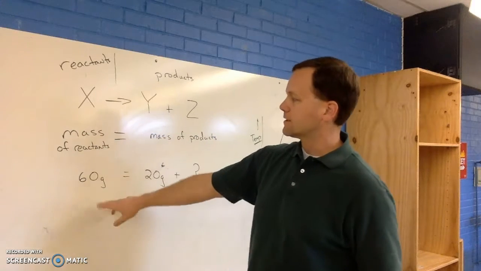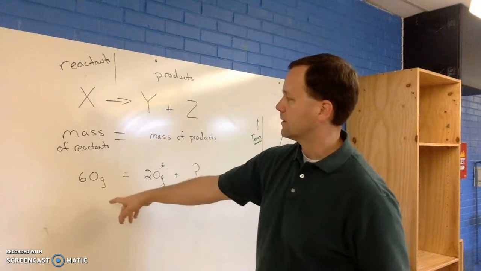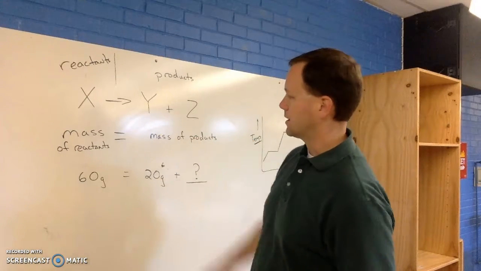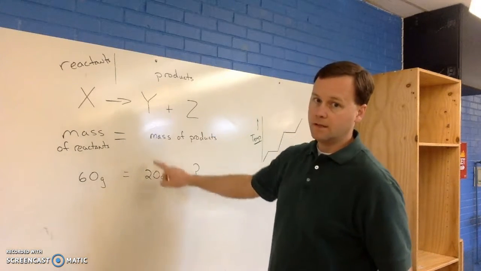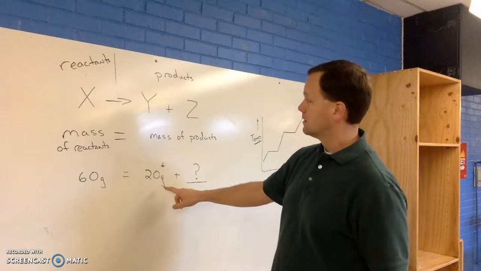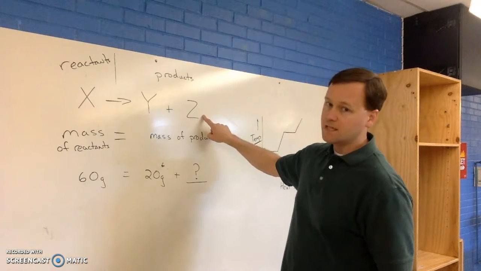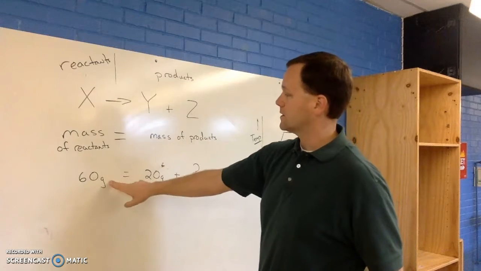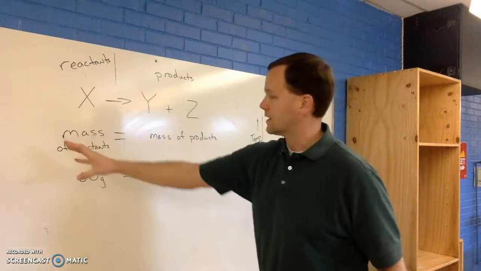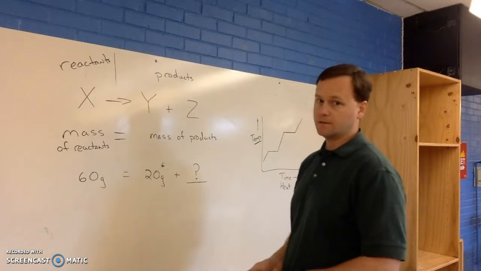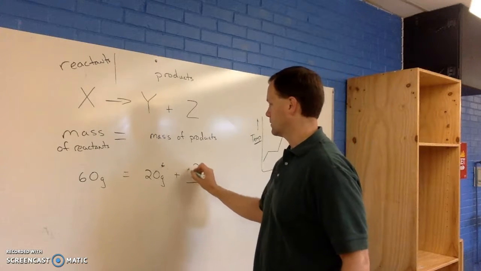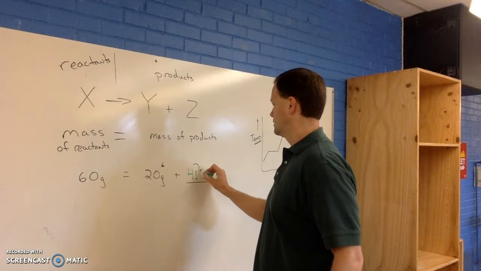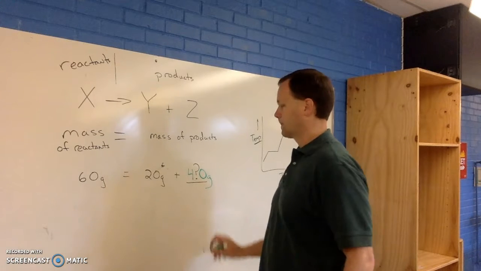If I've got 60 grams of reactant, and it breaks down into 2 products, and I weigh this product and find it's 20 grams, then I can calculate the amount of Z that should be produced. I have 60 here, 20 there. This side has to equal that side. So what's my answer? The question mark would be 40 grams. We'll write it in green.